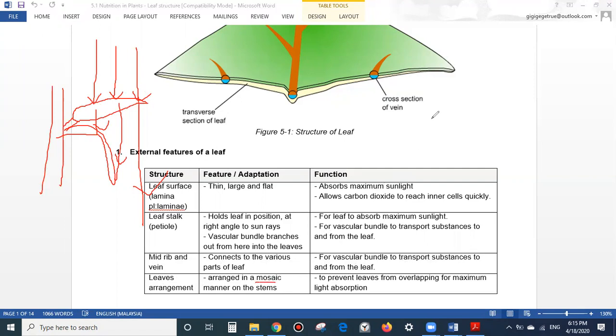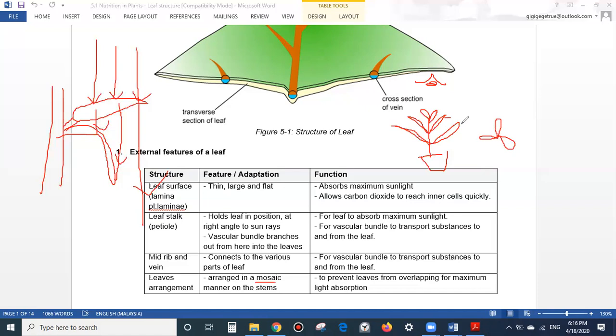What does mosaic manner mean? Mosaic manner here means that if I have a plant that looks like this, and you look from the top of this plant, you'll notice that this is arranged in such a way.